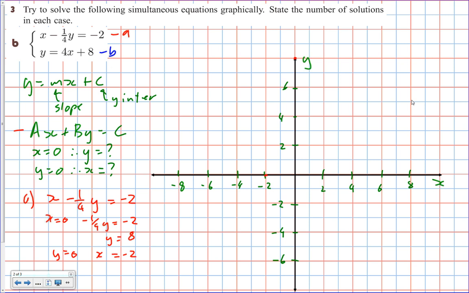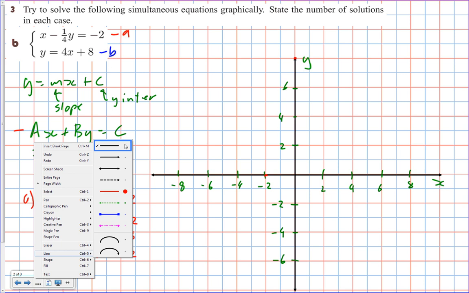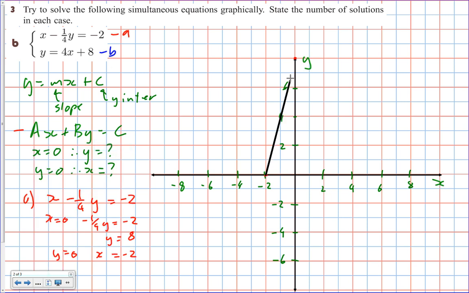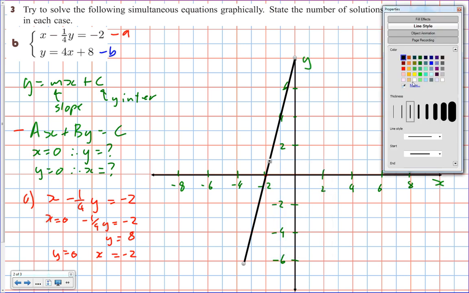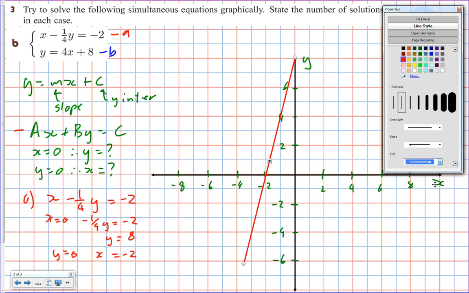Again, I go across and grab my line, there. Grab my properties, make it red, make it thinner. My arrow there, my arrow there.